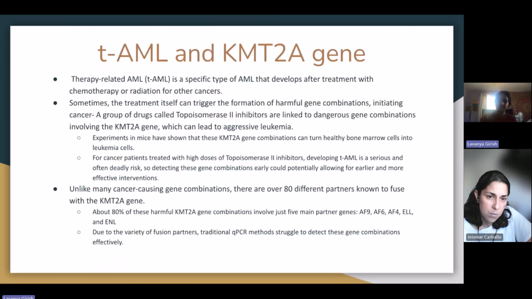Initial experiments in mice have shown that these KMT2A gene combinations can turn healthy bone marrow cells into leukemia cells. And for patients treated with high doses of topoisomerase II inhibitors, developing TAML is serious and often a deadly risk. So detecting these gene combinations early could be effective for intervention.